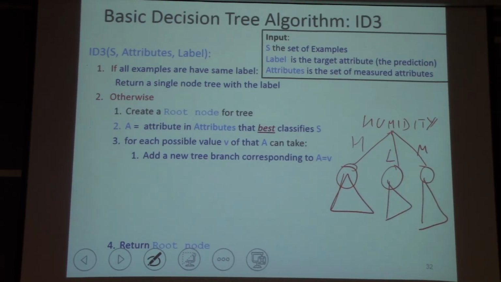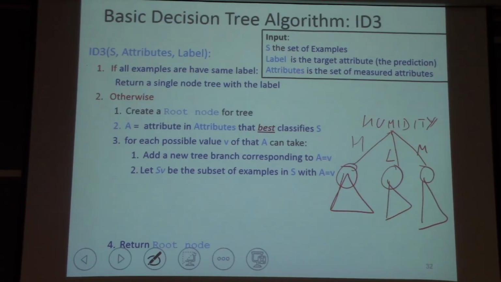To do that, what you do is, you partition your training set into as many parts as there are values, and take the subset of examples which fits under each branch. Let's call that SV. What do you do with the subset now? You recurse.